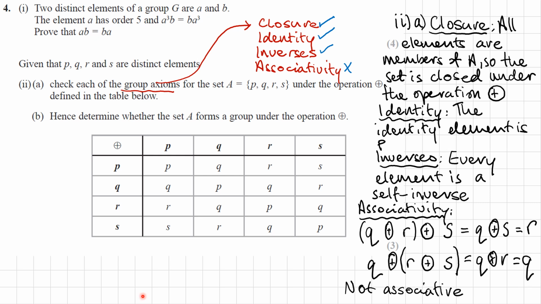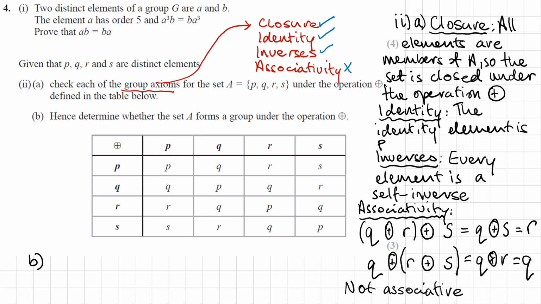Right, so moving on to part B, hence determine whether the set A forms a group under that operation. Well, it doesn't meet all four axioms. It fails with the associativity axiom, so it doesn't form a group.